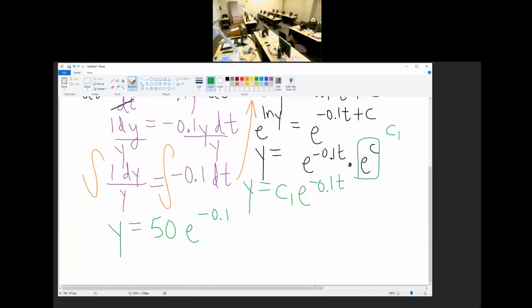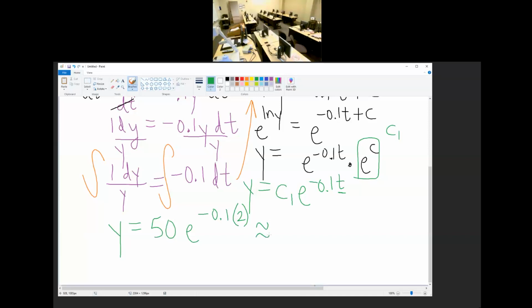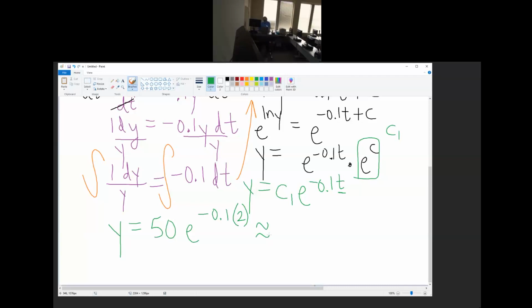And what we're trying to find is how much is left after 2 hours. All right, so in place of t, just plug in 2. Now, when you plug all of this into your calculator, you will get roughly 40.9 grams.